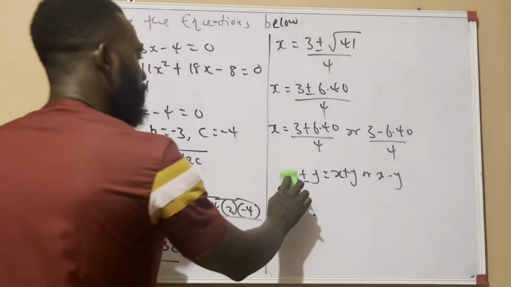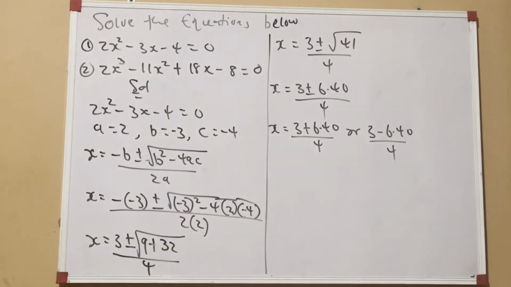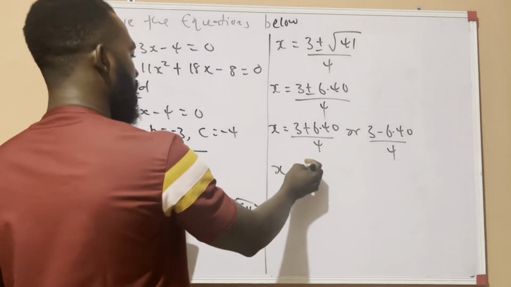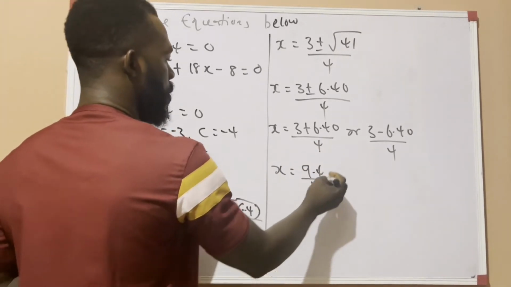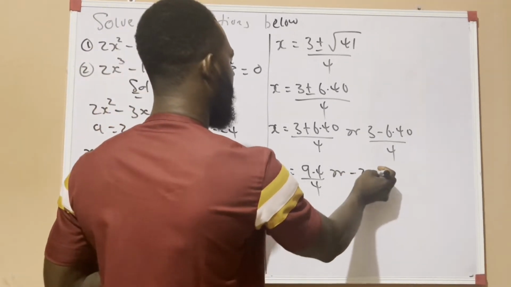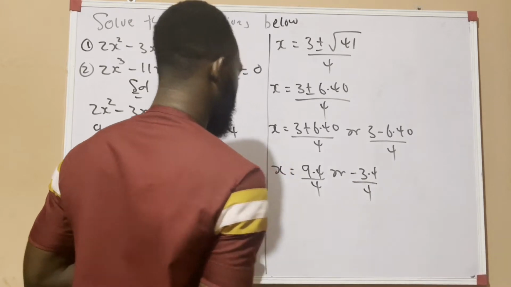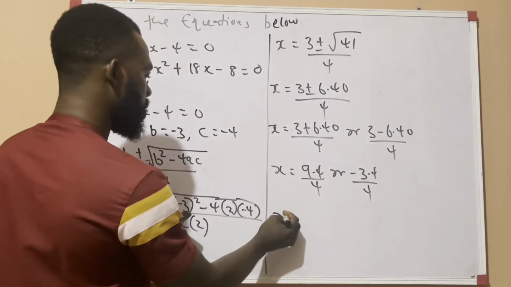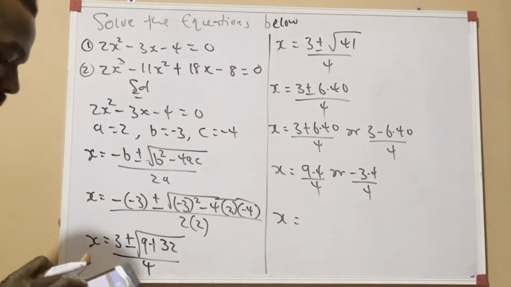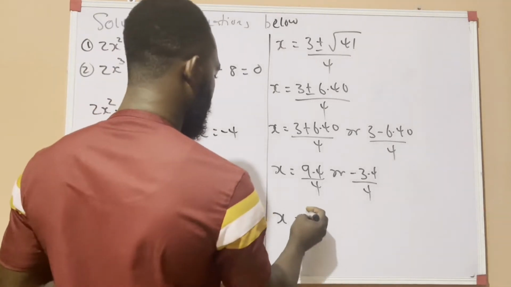So here becomes x is equal to 3 plus 6.40 gives us 9.4 over 4, or 3 minus 6.40 gives us minus 3.4 all over 4. So if we have 9.4 divided by 4, we are going to get 2.35.